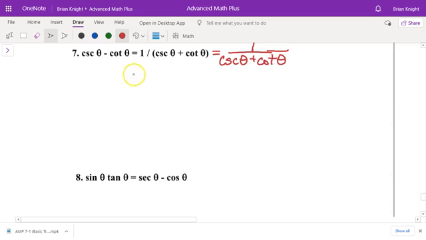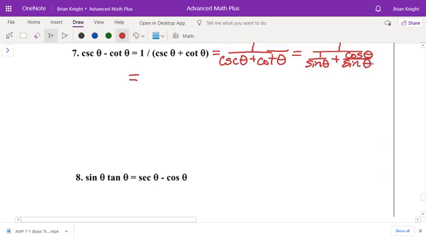Sounds good to me. So, let's see here. Our suggestion is change them to sine and cosine, right? So let's do it. What is cosecant? Sorry, 1 over sine. 1 over sine theta plus cotangent is cosine over sine.